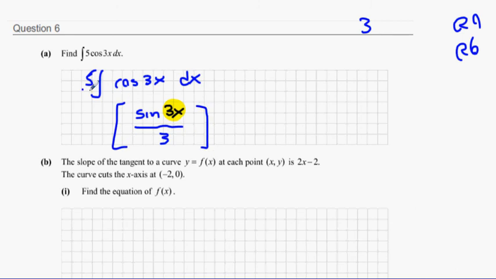See our 5 on the outside? So what are we going to get when we multiply that in? 5 sine 3x. The angle can't be affected, remember that. Over 3. And then there's no limit, so plus c. Is that okay with you guys? Yes.